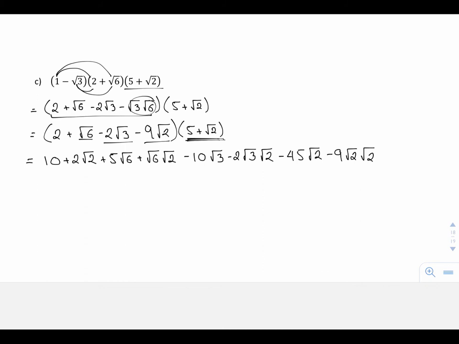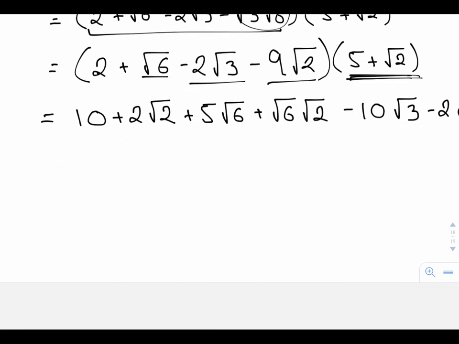Now we're down to the process of simplifying our radicals. Let's look at them one at a time. So the 10 stays, nothing to do there. Plus 2 root 2, nothing to do there. Plus 5 root 6, same thing. But here we can do something.